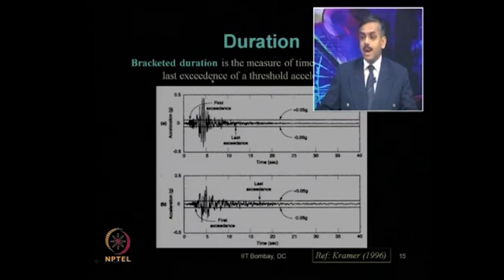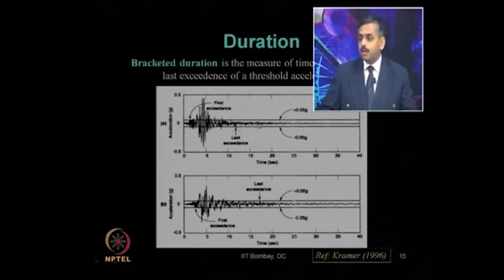So, this bracketed duration has a huge amount of applications because of its consideration above this threshold acceleration limit. That is the time period we are more concerned about. Here if you see, it is probably between 2 seconds to about 12 seconds. So, the bracketed duration for this earthquake motion shown in this picture is about 10 seconds.